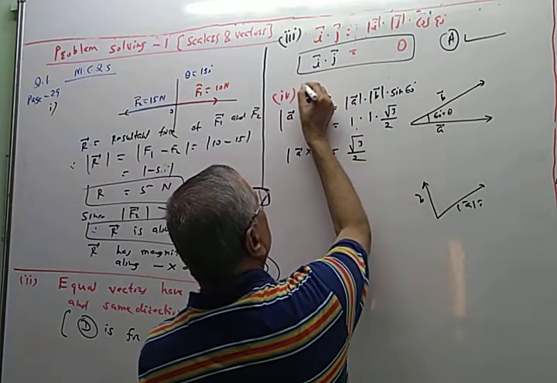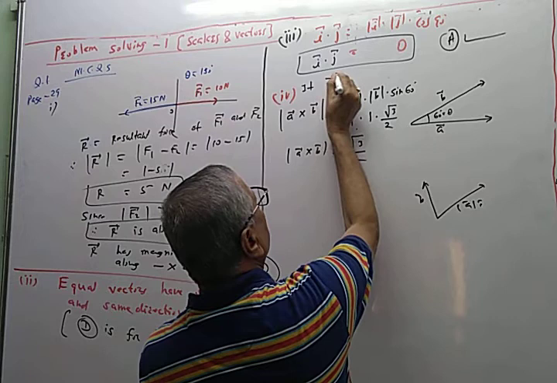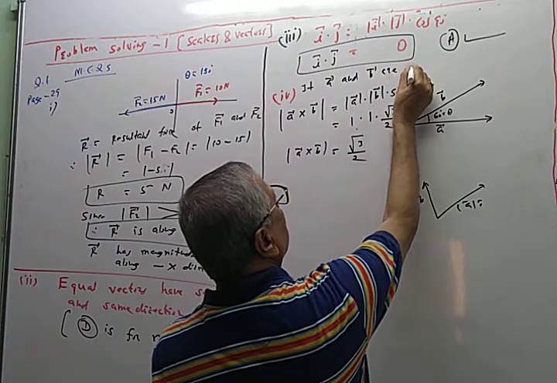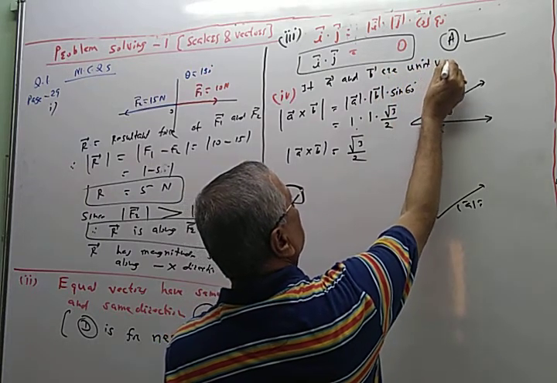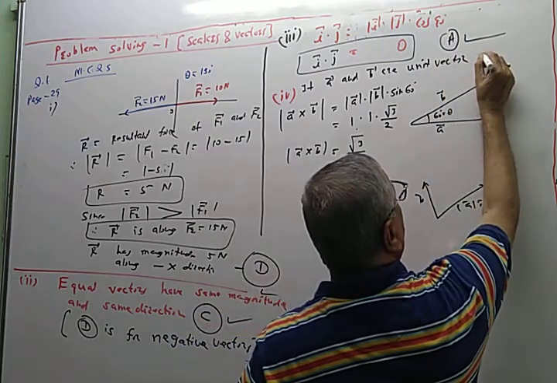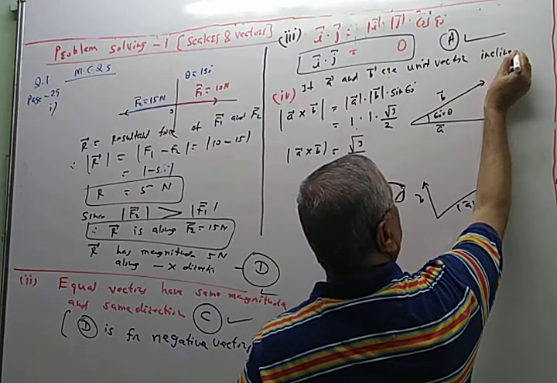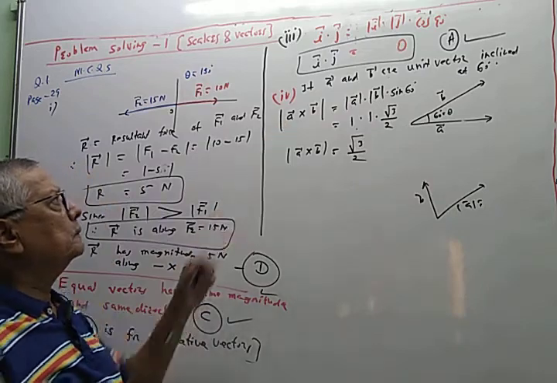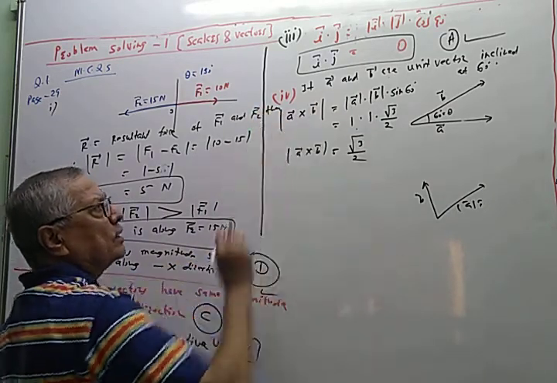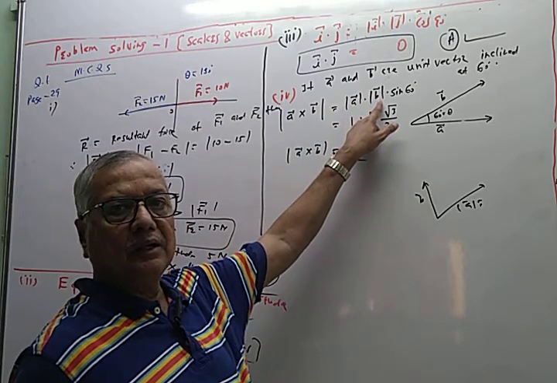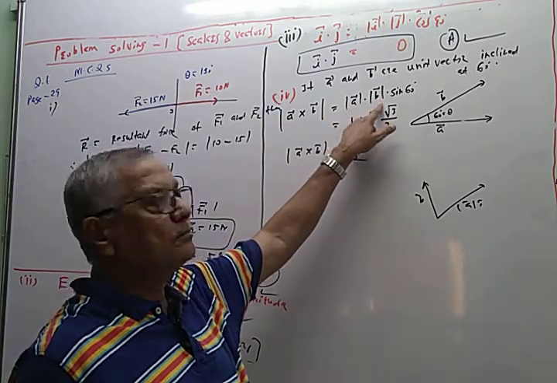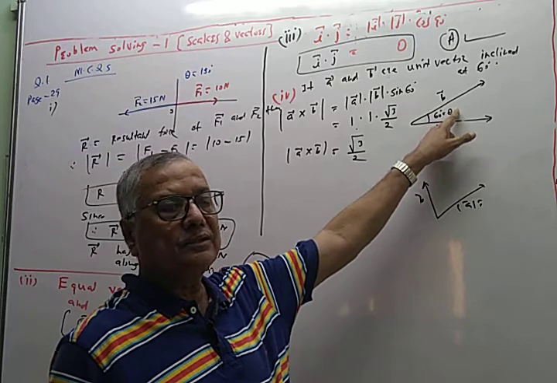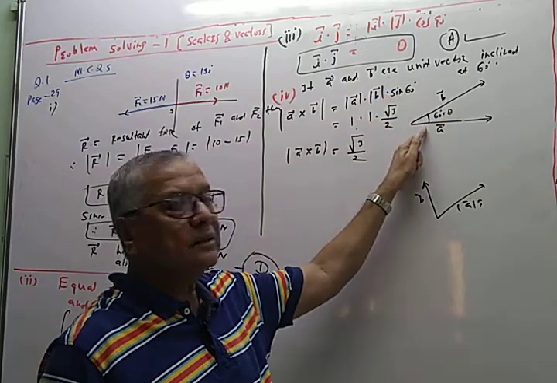So in this figure, if vector A and vector B are unit vectors inclined at 60 degrees, then their vector product is given by the magnitude of the first vector multiplied by the magnitude of the second vector multiplied by the sine of the smaller angle between them. तर A and B मधला smaller angle 60 आहे आणि larger angle जो आहे तो हा इकडे 360 degree minus 60.